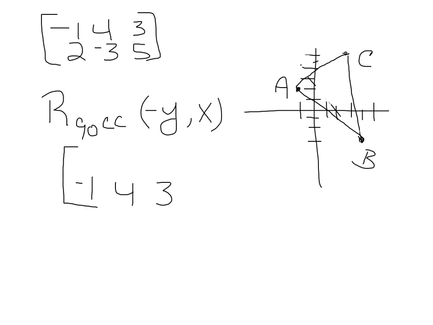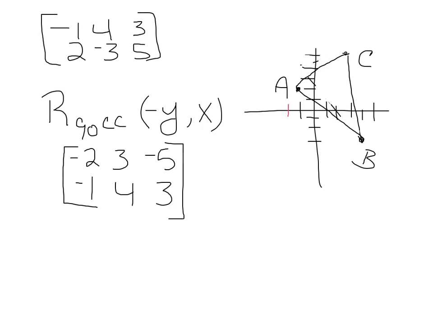The bottom numbers will be multiplied by a -1 and go to the top. So -2, 3, -5. At this point, this should take the paper, the triangle, you put your finger at the origin, spin it a quarter of a turn, and this is what the triangle should look like.